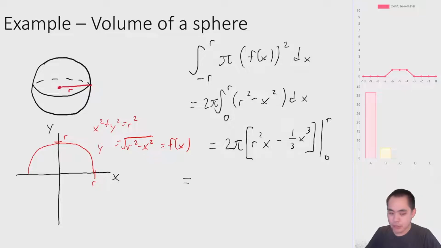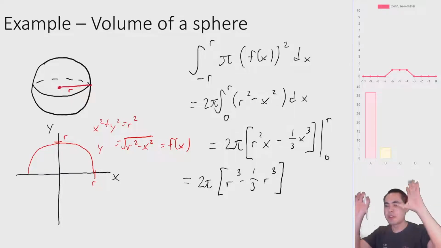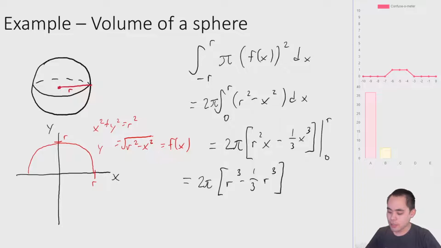We plug this in, you get 2 pi times r cubed minus 1/3 r cubed. Because note that when you plug in x is equal to 0, everything in the brackets goes to 0. And so this is equal to 2 pi times 2/3 times r cubed, which is equal to 4/3 pi r cubed.